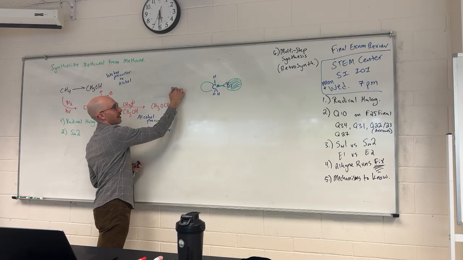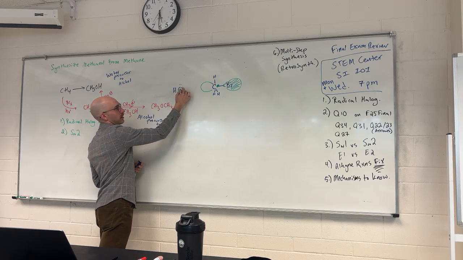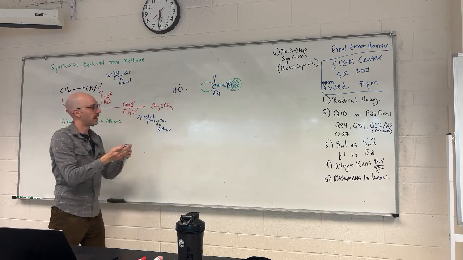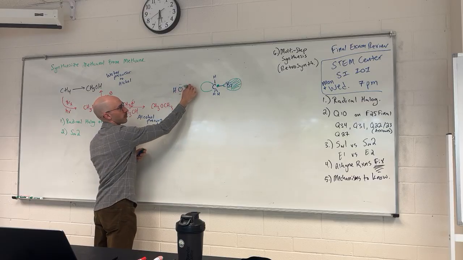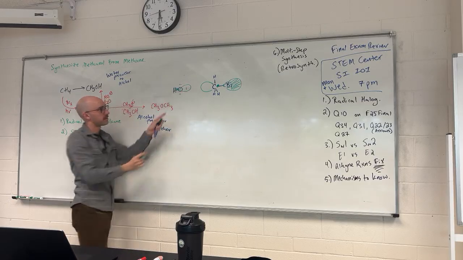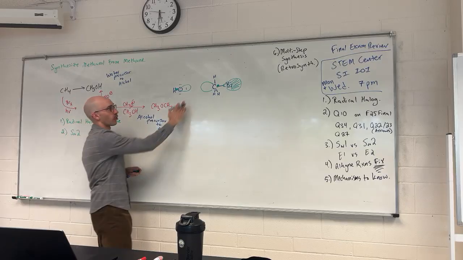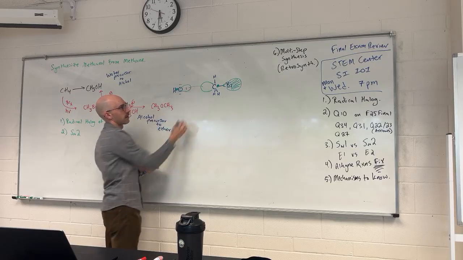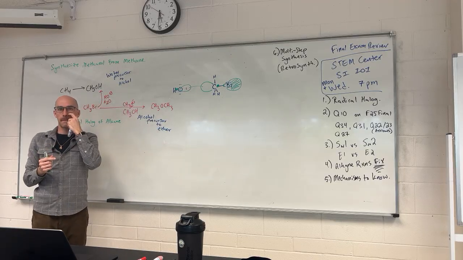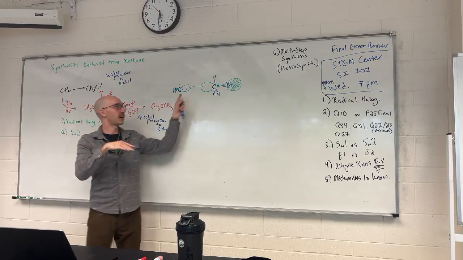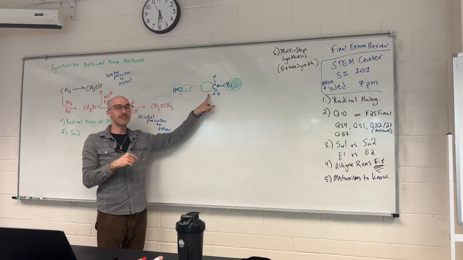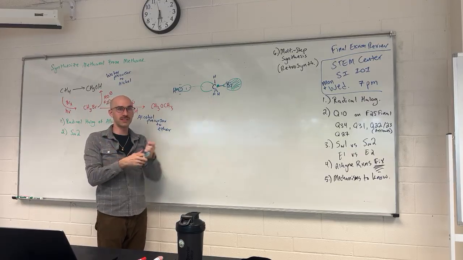And hydroxide has a hybridized orbital that holds its lone pairs. When these orbitals overlap, we are putting electrons, donating electrons, into the sigma star orbital of CBr.